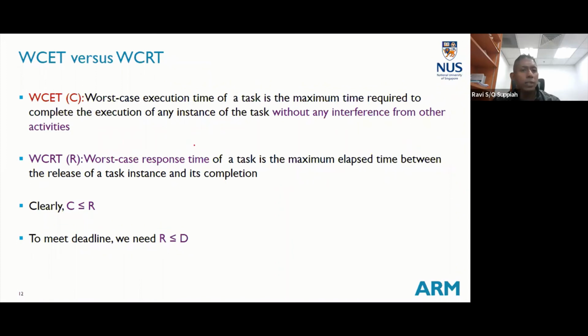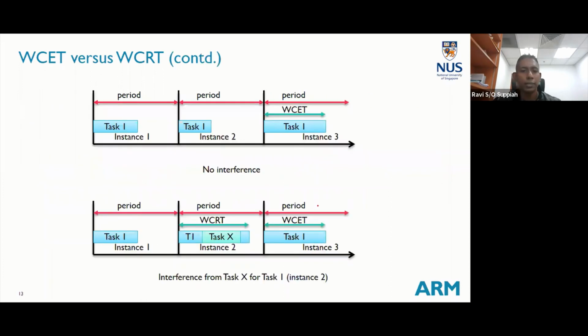Okay, so the worst case execution time is what we saw just now. Then the worst case response time is factoring in what we call the interference of other tasks. Let's look at this example.